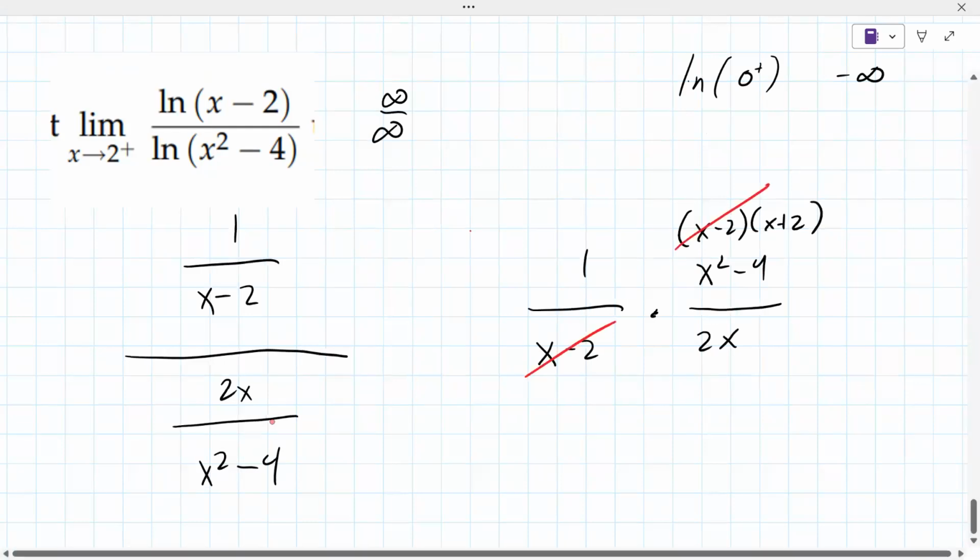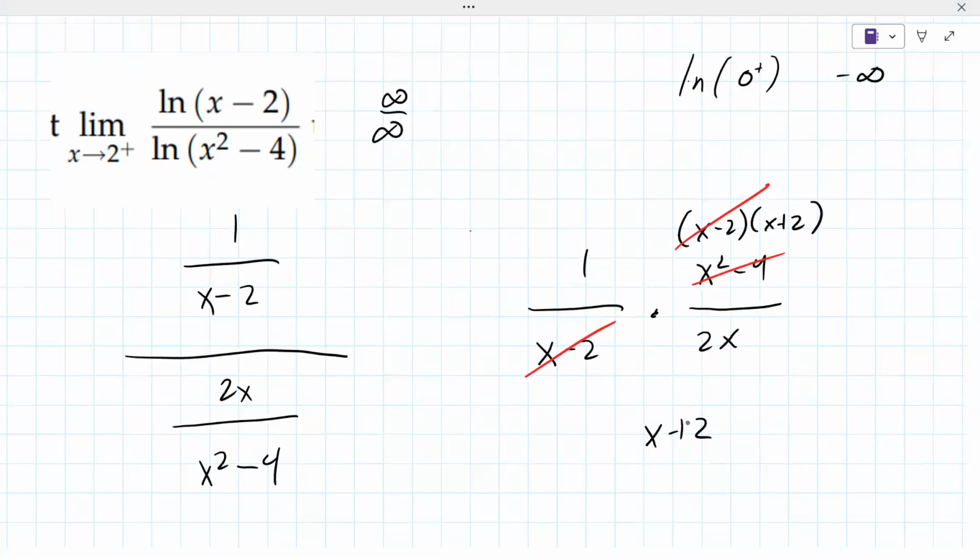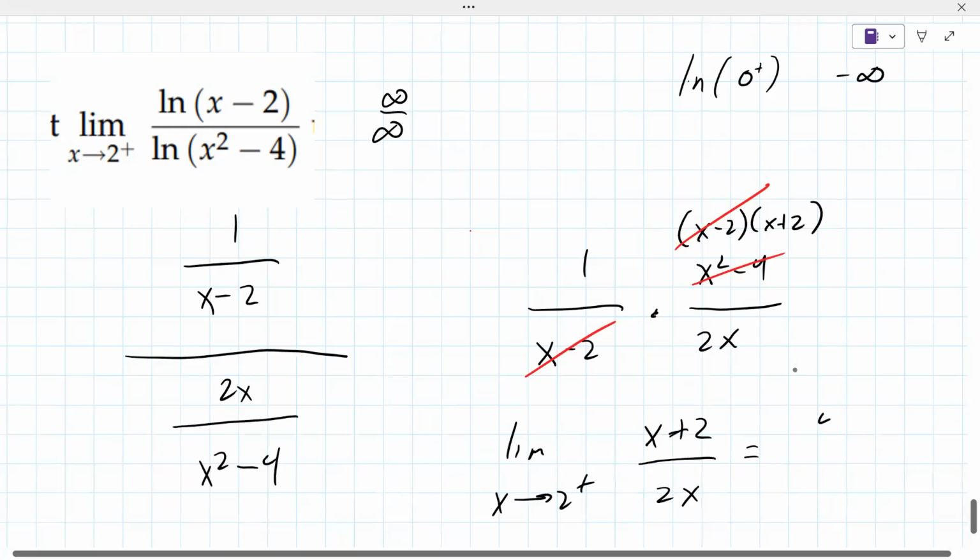So if you can, and we can here, this becomes x plus 2 over 2x, limit as x approaches 2 from the right. So x plus 2. Then the answer is 1. You get 4 over 4, right?